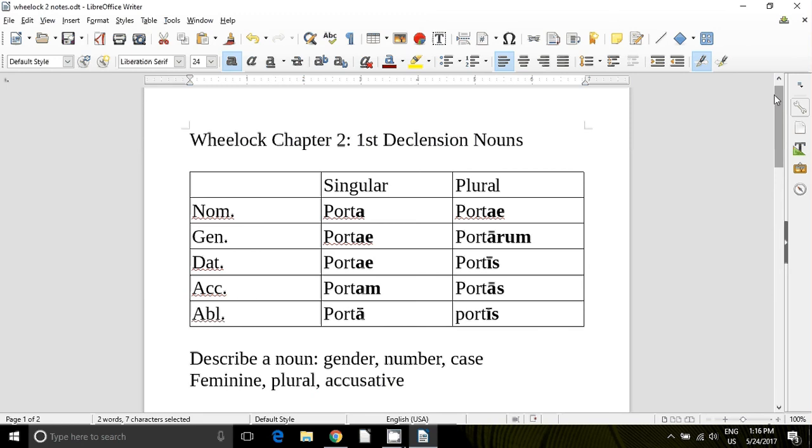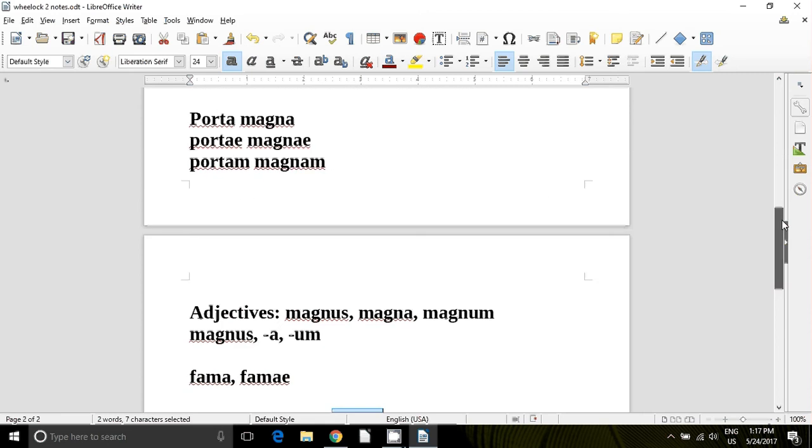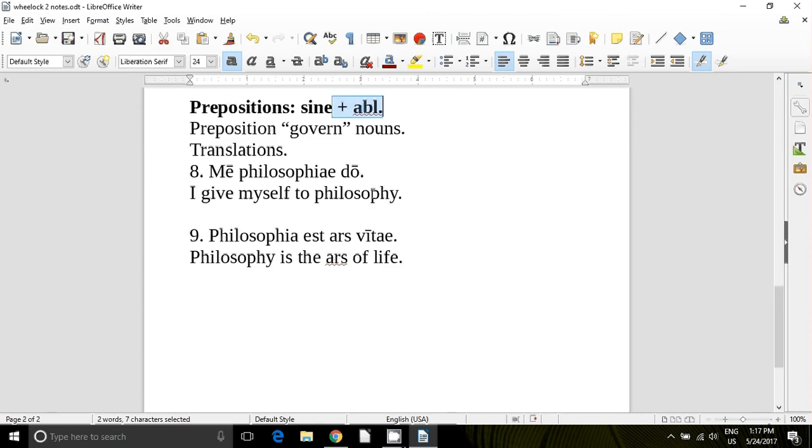And take, depending on if you're taking this in a 16-week term or an 8-week term or a 12-week term, take an appropriate amount of time, a day or two, and learn that stuff. Learn the vocabulary, learn these endings. Then work on your translations on your own. Then come back, and well, here I see I've already listed the translations, haven't I? But then you would come back and watch me correct the translations.